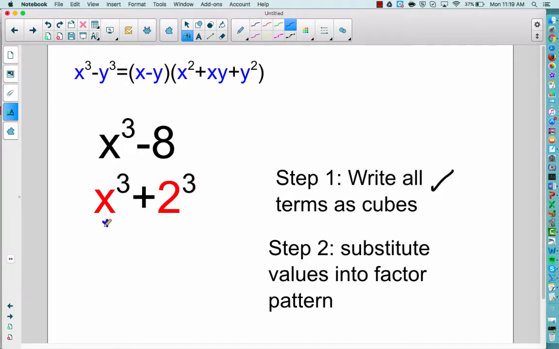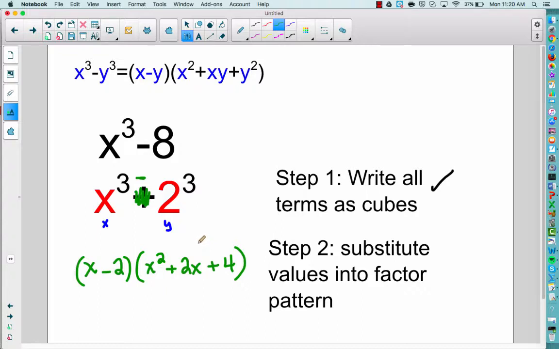Now this takes on the role of x, this takes on the role of y, and we substitute the values into the pattern. So we'll get x minus, oops, I should change this to a minus, sorry. x minus 2, and then it will become x squared plus 2x plus 4, squaring the y, making sure it's 4.